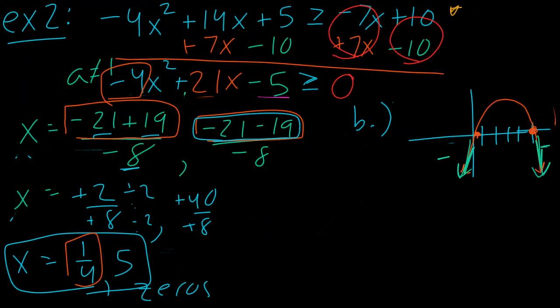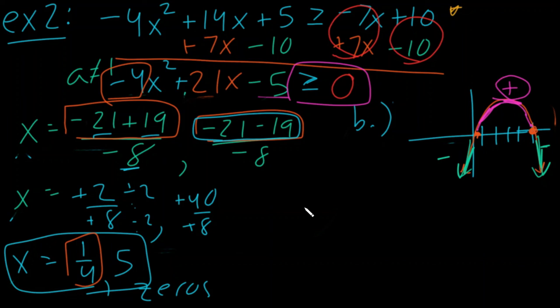And then I know that, let's see here, let's use a nice purple. I know that this portion is above the x-axis, so that's positive. Well, we're looking for the portions that are greater than or equal to 0, so greater than the x-axis, we're looking for those portions. And so we can say this.